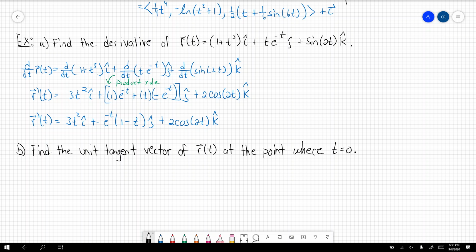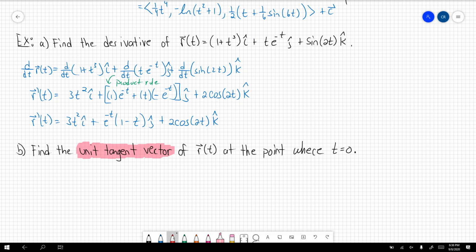First of all, I want you to recall what is a unit tangent vector. And again, we introduced that unit tangent vector around section 12.2, where we started introducing vectors.